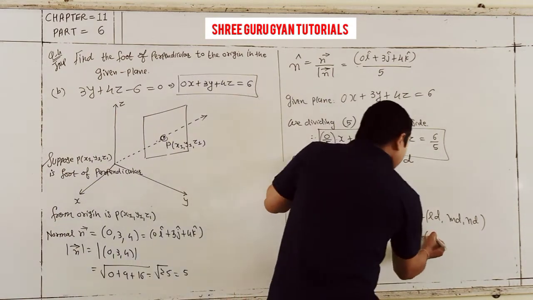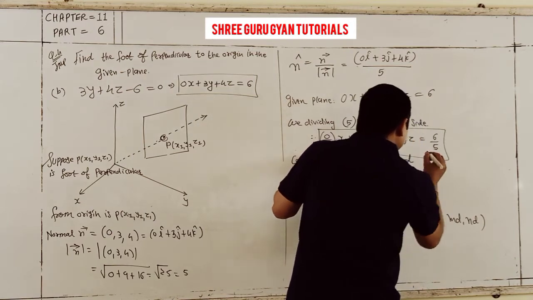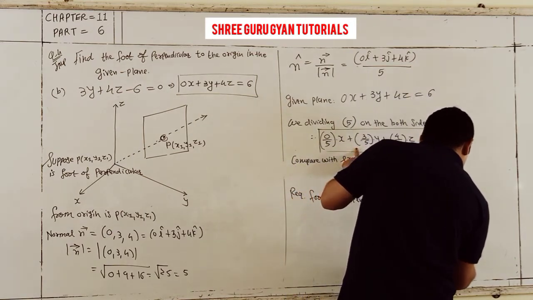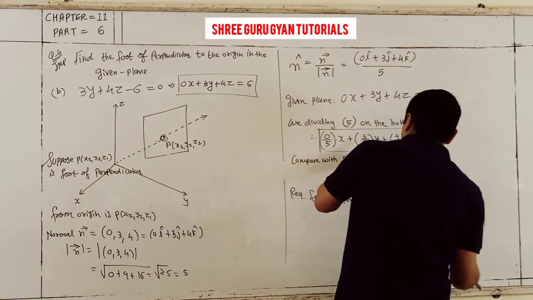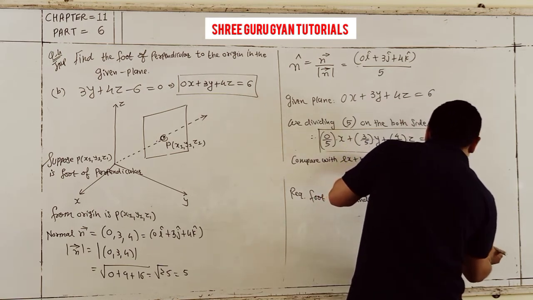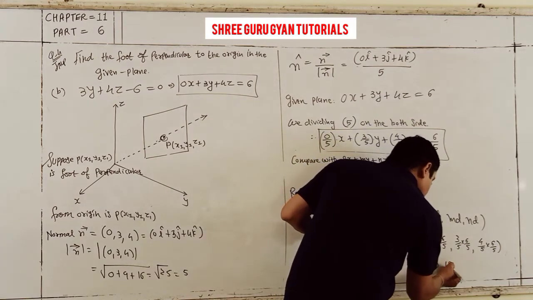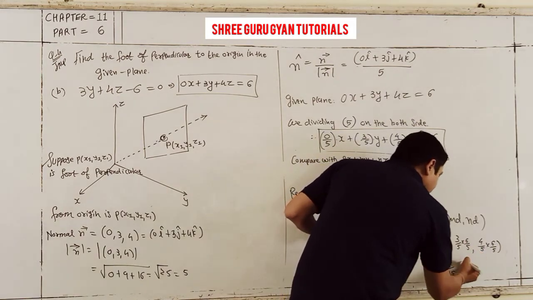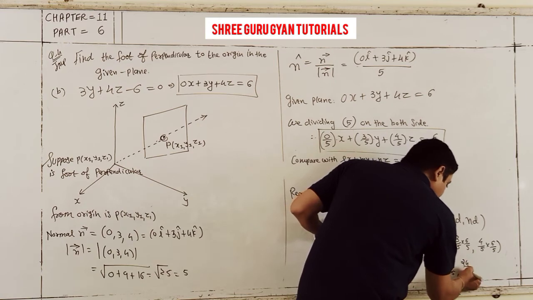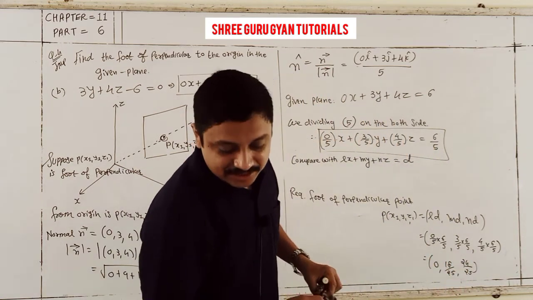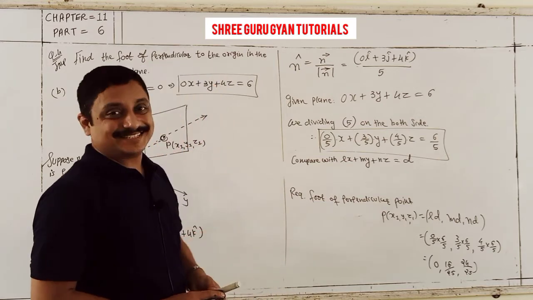L I have 0 by 5 times 6 by 5, same, M I have 3 by 5 into 6 by 5, and last 4 by 5 into 6 by 5. So my answer is 0, 6 3s are 18 by 25, and 6 4s are 24 by 25. Very easily and very quickly, students, I will derive my answer.